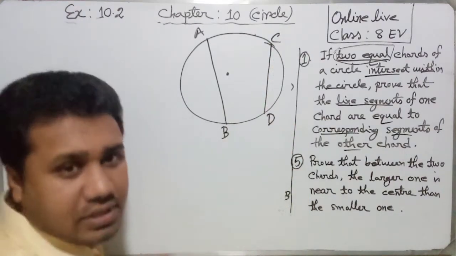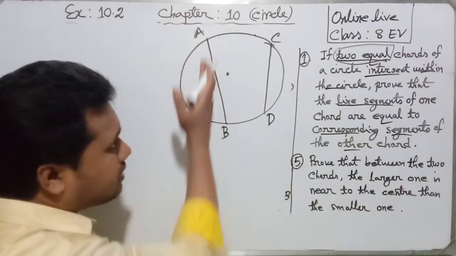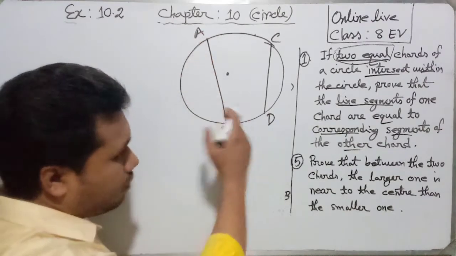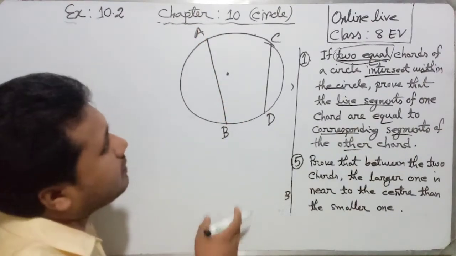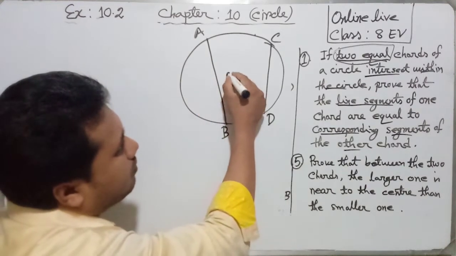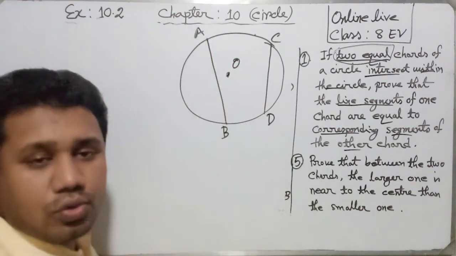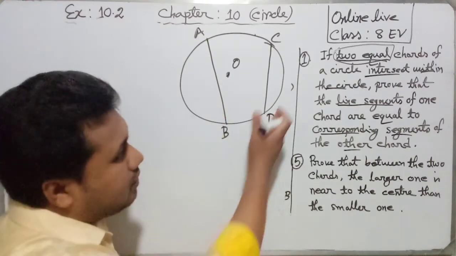Look, here AB is greater. You can draw it straight, or you can draw it not straight. Any angle you can draw, no problem. Now suppose there are two chords AB and CD. So here AB is greater than CD.